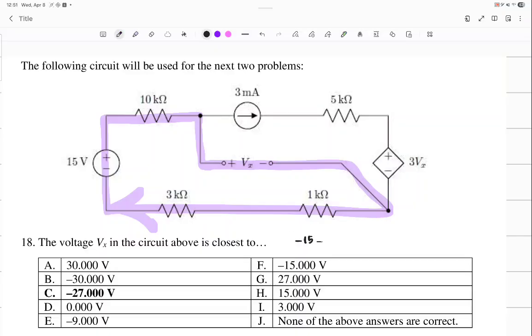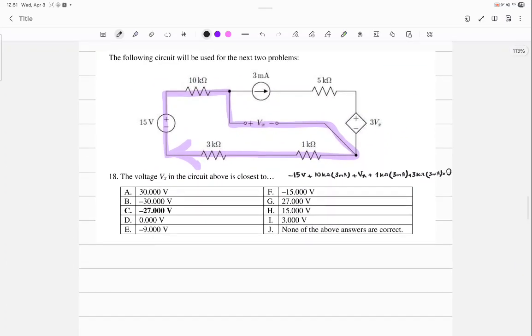Negative 15 plus 10 times 3. Let me write it. Negative 15 volts plus 10 kilo ohms times 3 milliamps plus Vx plus 1 kilo ohm times 3 milliamps plus 3 kilo ohms times 3 milliamps equal to 0.